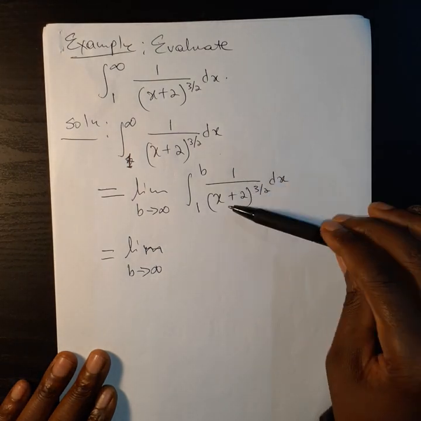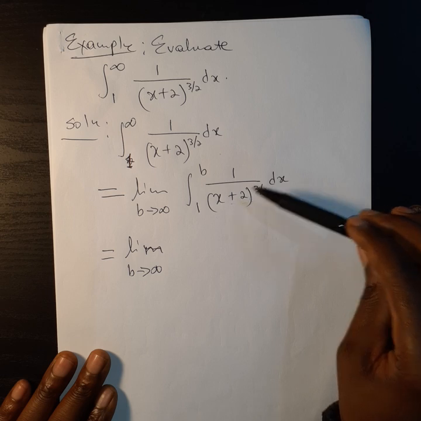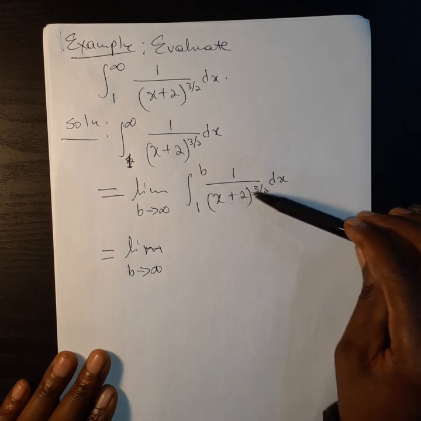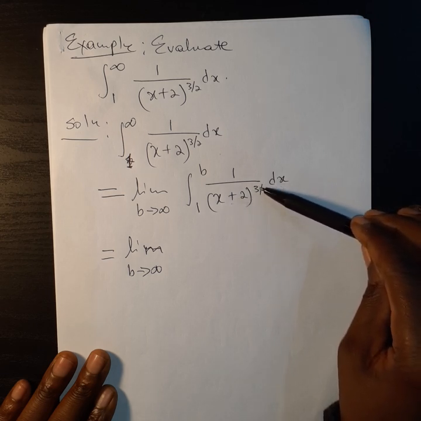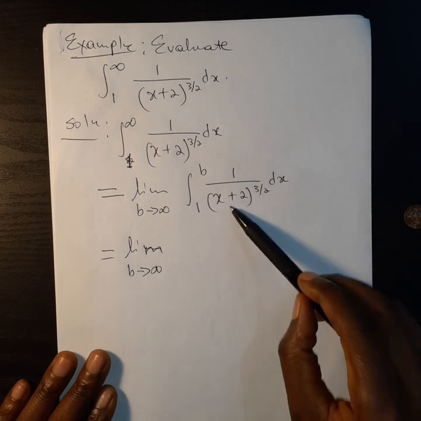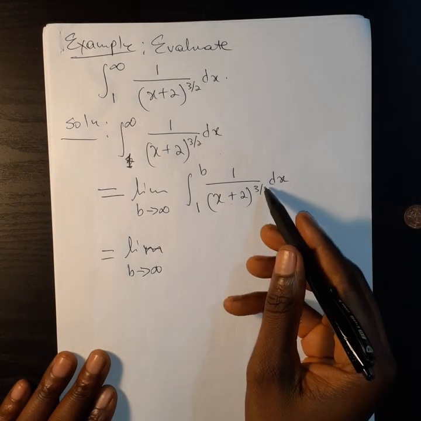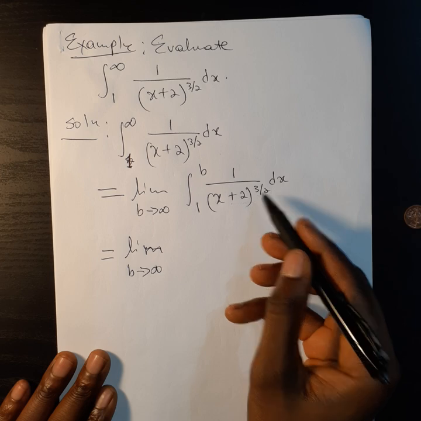You can see that if you differentiate this, you just get dx. So this is the square root, and then we to the power 3. So if we take it up, it's negative 3 over 2.